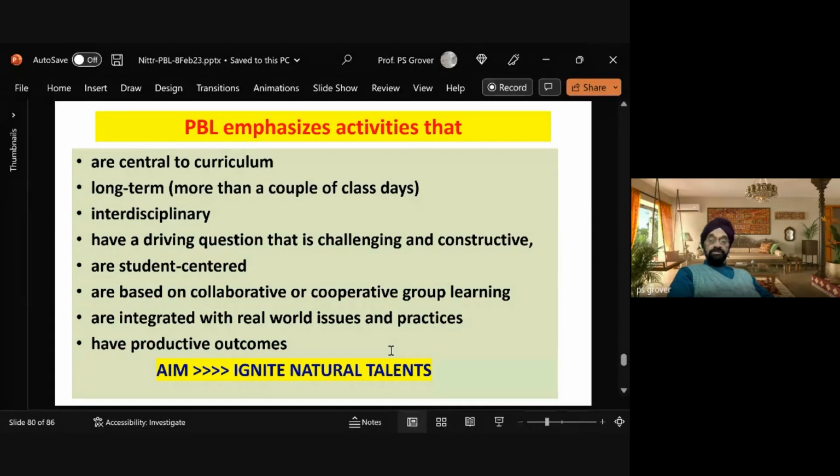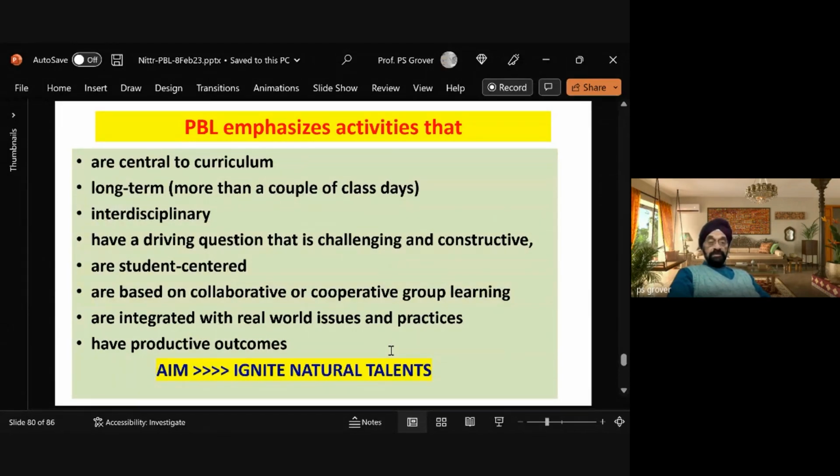Though but still PBLA is finding wide applicability across all the disciplines across the world. PBL emphasizes activities that are central to curriculum, long term, more interdisciplinary, having a driving question that is challenging and constructive, are student centered, are based on collaborative or cooperative group learning, are integrated with real world issues and practices, have productive outcomes.